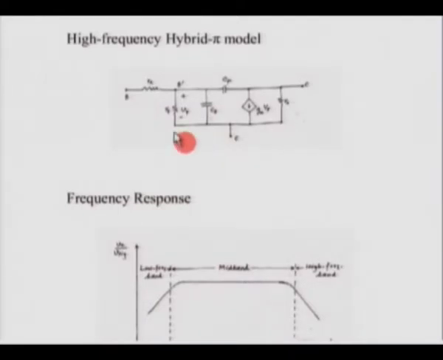If we replace the midband hybrid pi model with the high frequency hybrid pi model, what we would see is this C pi, which is the capacitance between the base and the emitter, and the C mu, which is a depletion capacitor.